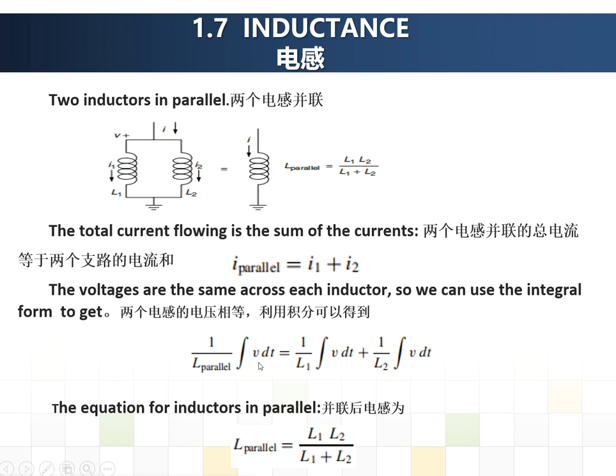The voltage integral over time will be equal to L1 inverse multiply the voltage integral plus L2 inverse multiply the voltage integral. So L parallel will be equal to L1 multiply L2 divided by the sum of L1 plus L2.